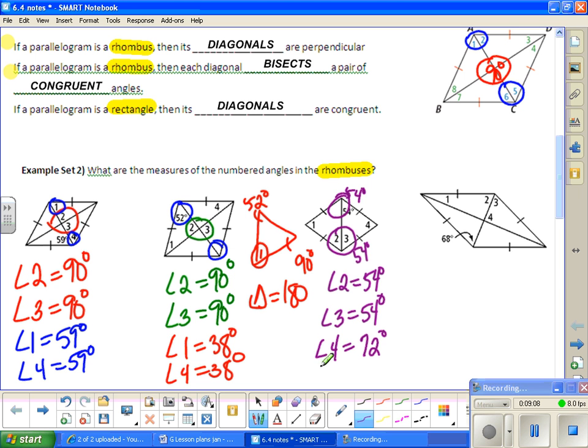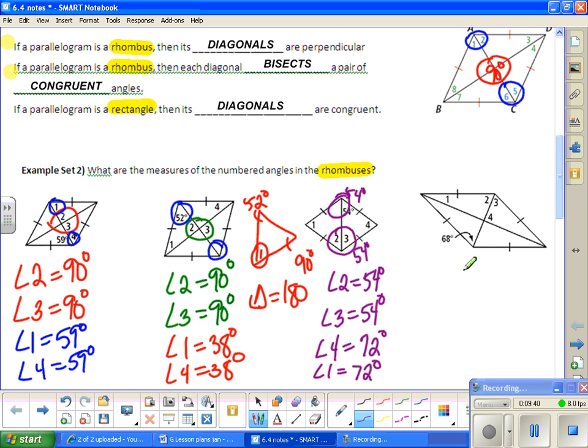And if angle 4 is 72 degrees, then angle 1 is also going to be 72 degrees, because these angles here are congruent. So for these, everything's kind of leading back to 180 degrees. So we're looking at two different triangles here.